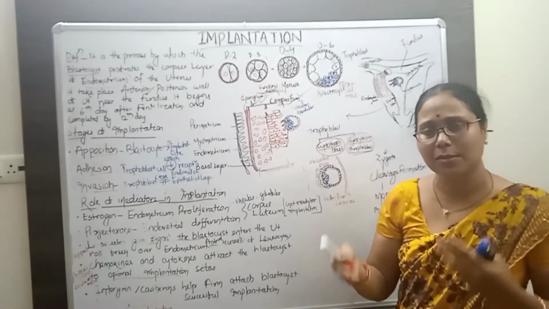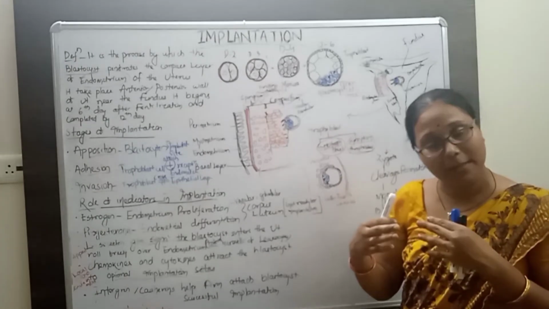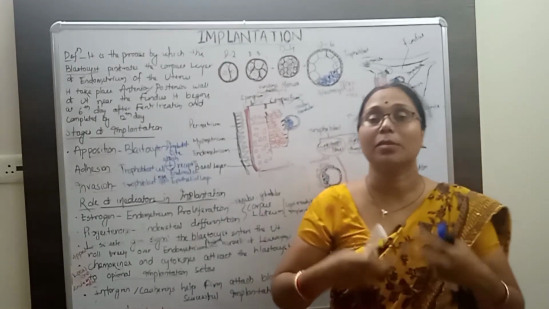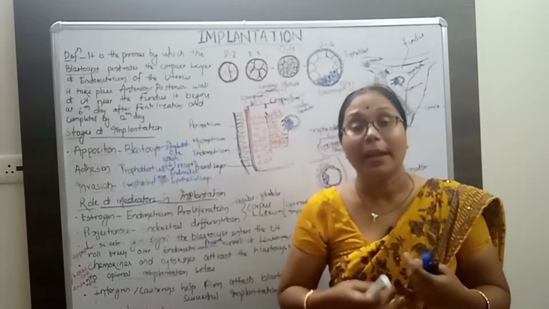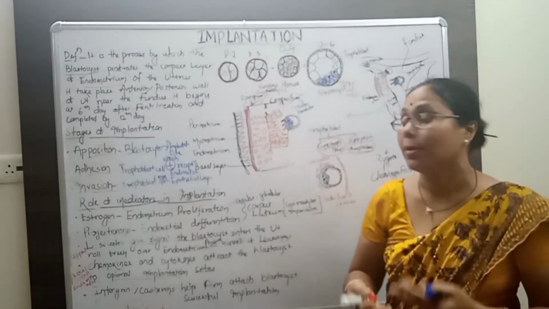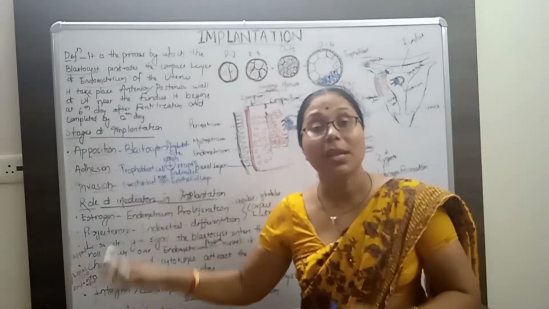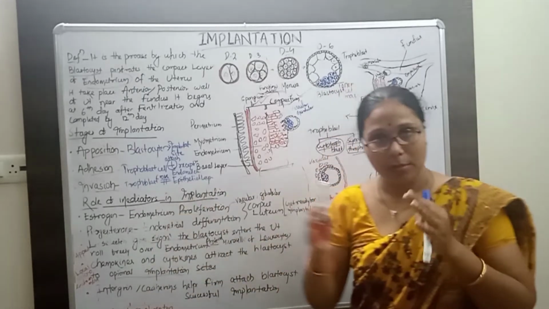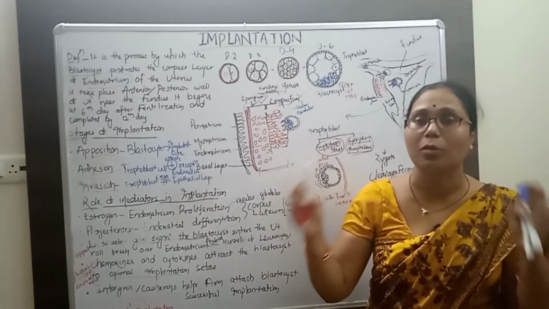Once implantation takes place, the corpus luteum becomes overactive, so that it secretes estrogen and progesterone not for a short time, but throughout the pregnancy.